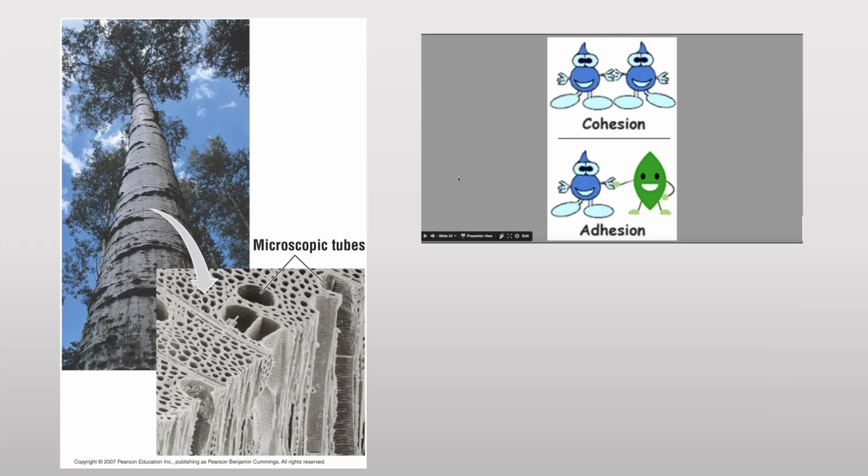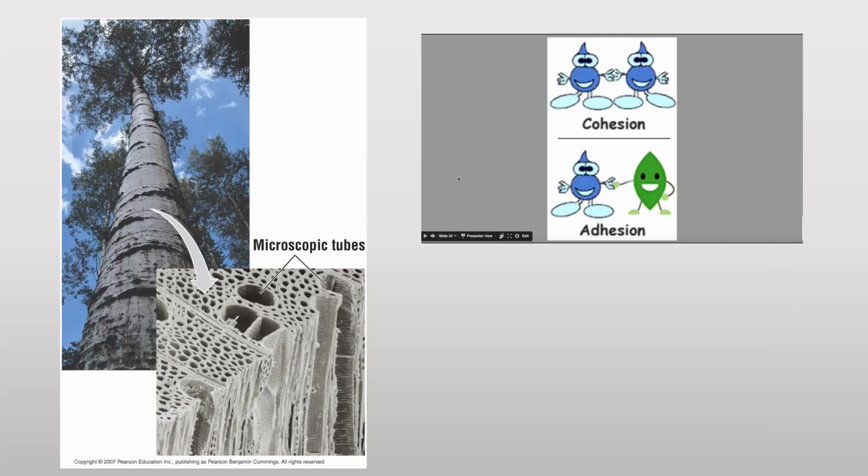But as one water molecule gets to the pore and evaporates away, it's pulling the water molecule behind it up. And that one evaporates and pulls the one behind it up. And that's how the water gets from the roots all the way up to the top of the tree. It's actually pulled up, it's not pushed up. And it can do that because water is cohesive and adhesive. It actually forms hydrogen bonds with the walls of the vessels to keep it from falling back down due to gravity.